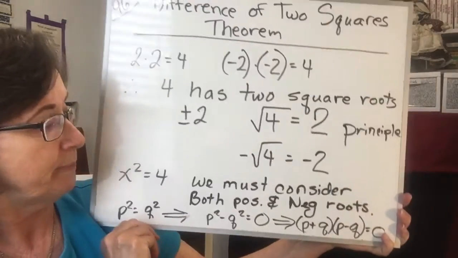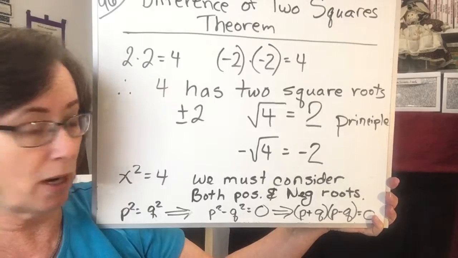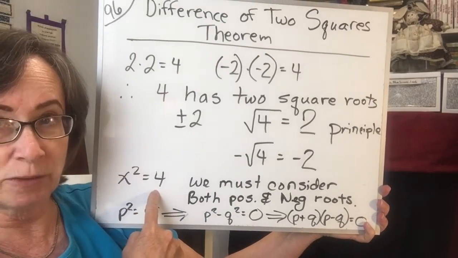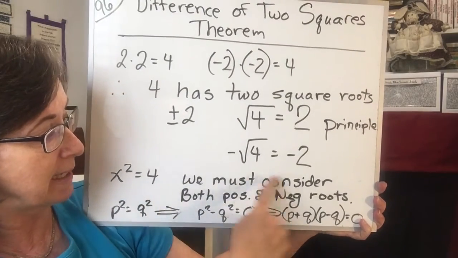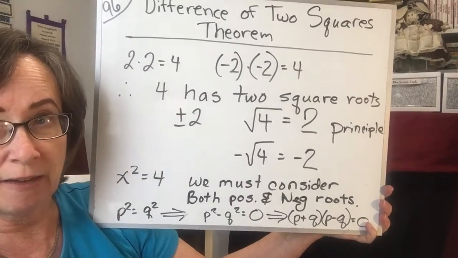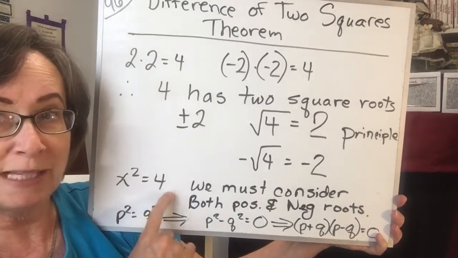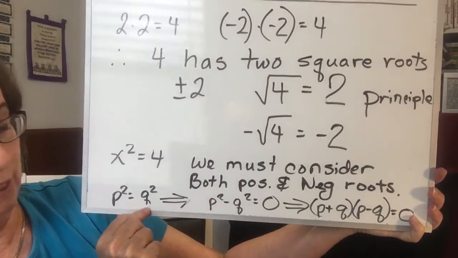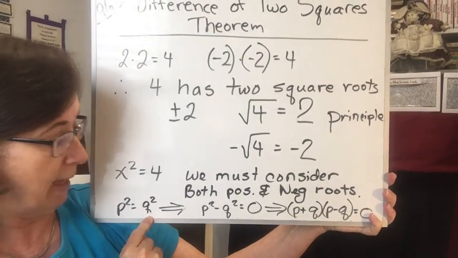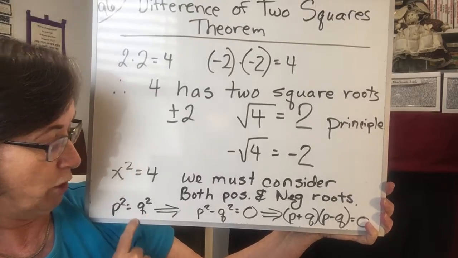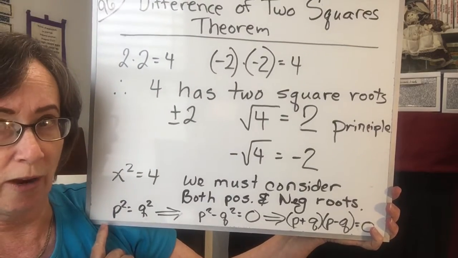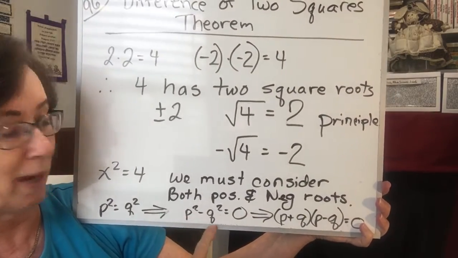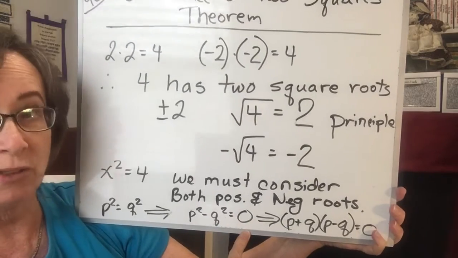Now, let's consider the problem. X squared is equal to 4. And we must consider both positive and negative square roots. Now, x squared is equal to 4 is of a form p squared is equal to q squared. Okay? And if we were to get the q squared on the other side, we'd get p squared minus q squared equals 0.